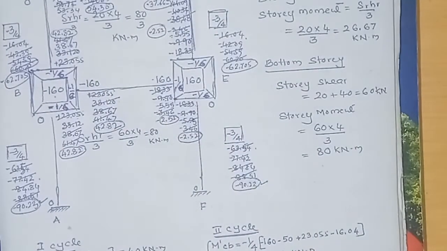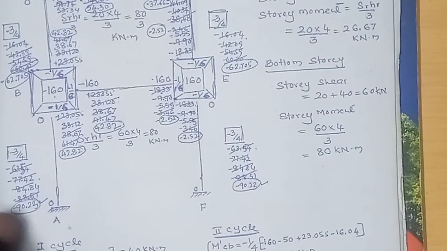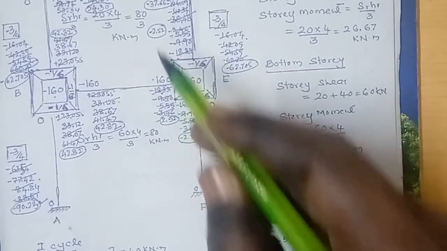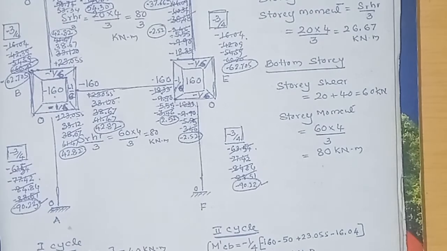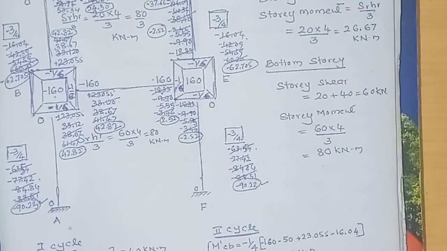Then the displacement contribution for the second cycle for the lower story columns M double dash AB, that equals the displacement factor is minus 3 by 4. Inside of the bracket story moment is H by 3 plus the lower end contributions are 0 from A and F.